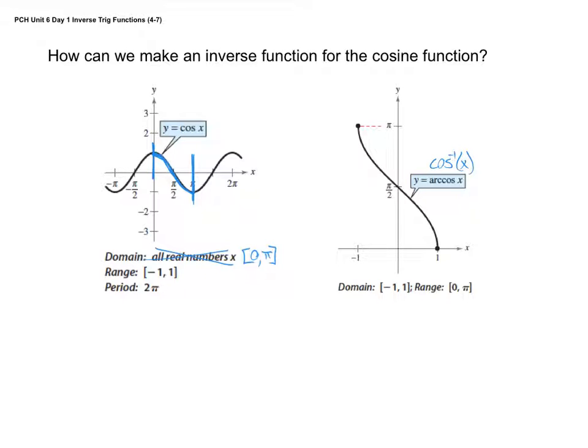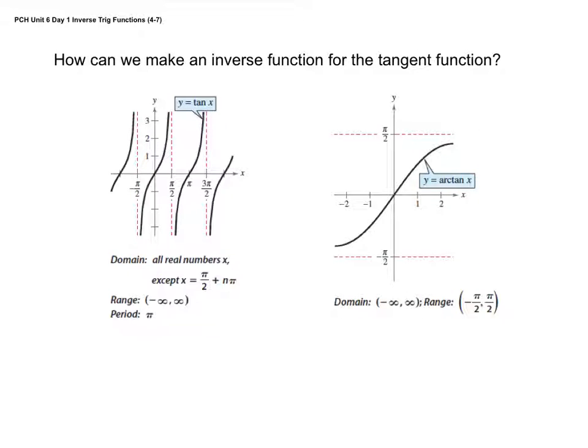Yes. Now, we also have tangent. This one's kind of nice and easy because the asymptotes help us out here. We're going to limit our domain for tangent to go from negative pi over 2 to pi over 2. Notice I'm using parentheses here for my interval because I still do have asymptotes there, so it can't equal negative pi over 2 or positive pi over 2. But I'm looking at just this portion of tangent.